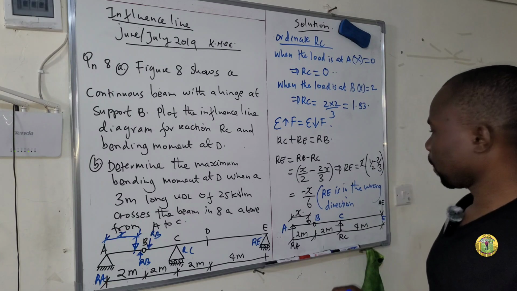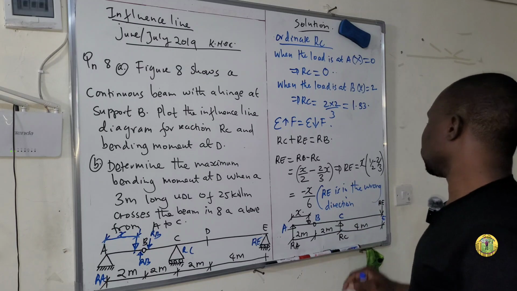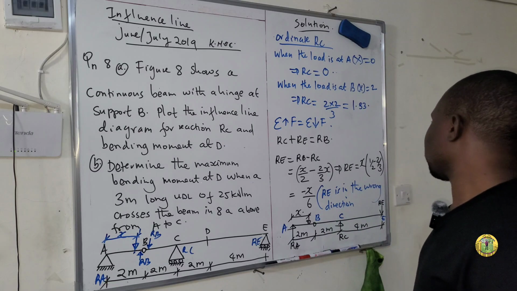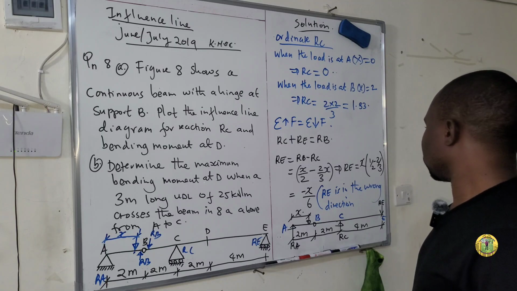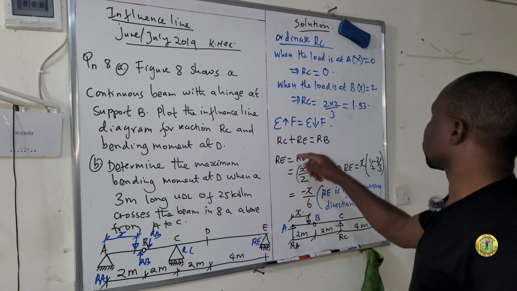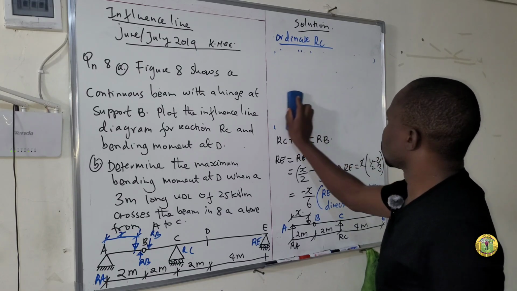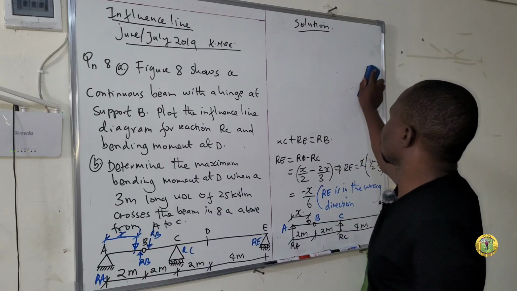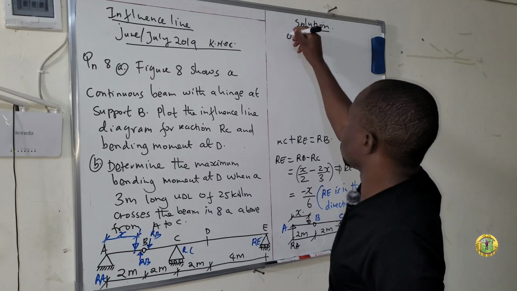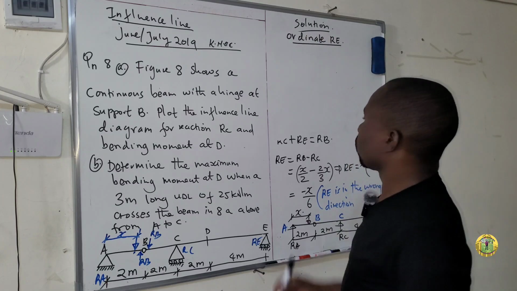We want now to proceed when we let the unit load roll from B to C to E. But before then, let's calculate the ordinate of RE.